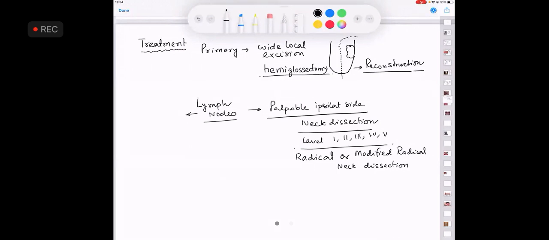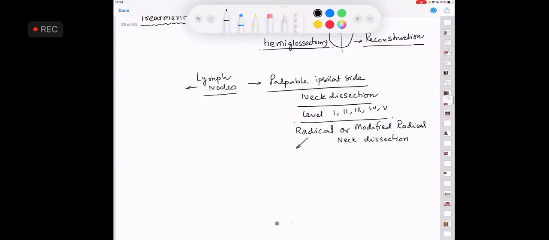Have you completed, sir? Yes, sir. Okay. What is a radical neck dissection? So radical neck dissection means the removal of levels 1, 2, 3, 4 and 5 plus the internal jugular vein plus the spinal accessory nerve plus any other thing that I am forgetting? Sternocleidomastoid.